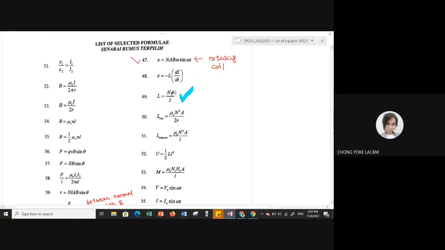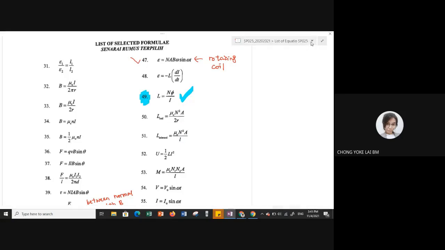L is N flux over I. We won't use the L formula below because we don't know the area, the length or the radius of the coil. But we know the flux, so we choose formula 49.